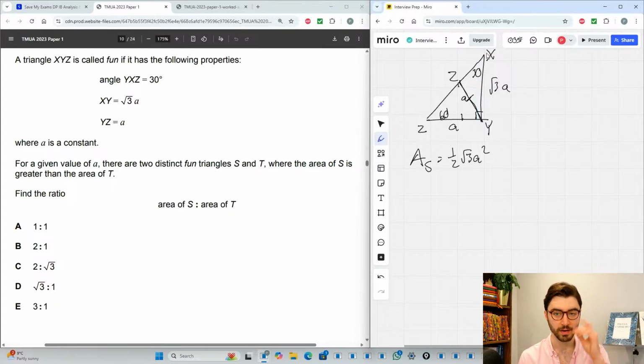And then the area of T is going to be the area of this smaller one, where that is going to split it clean in two there.